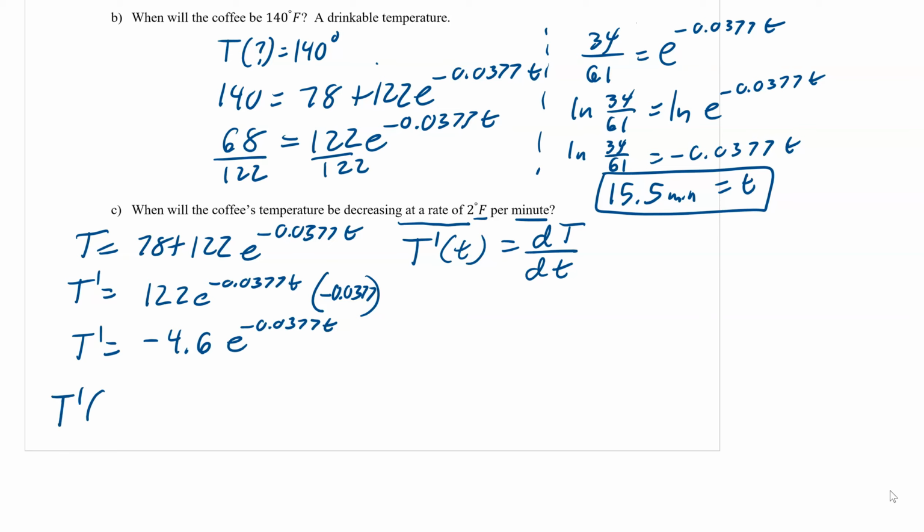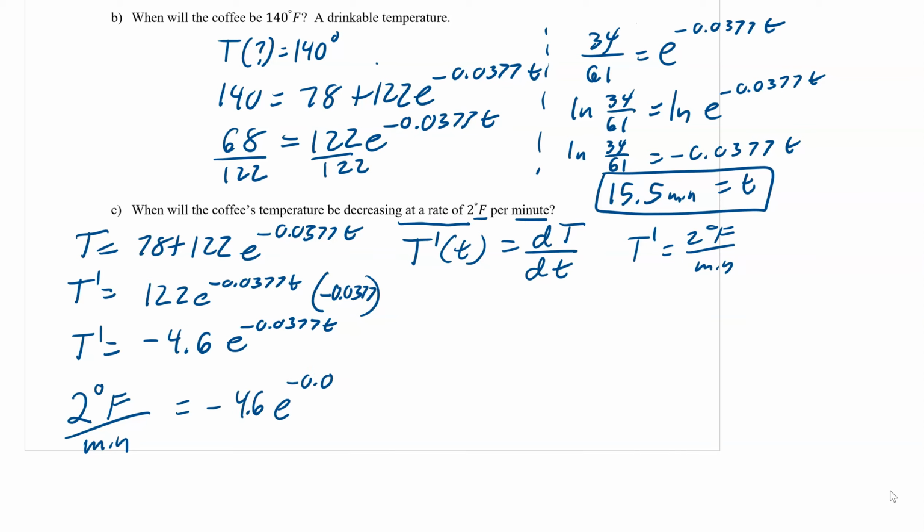So now we plug in 2 degrees Fahrenheit per minute, that's our derivative. So our T prime equals 2 degrees Fahrenheit per minute. If we plug that in, it will tell us when the temperature is decreasing at that rate. Kind of a weird question, but it's kind of cool too.